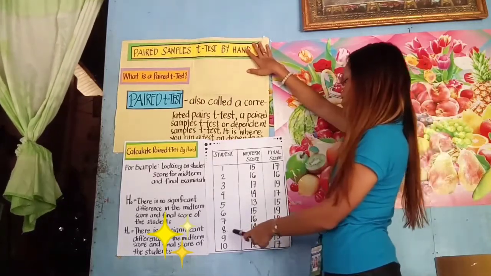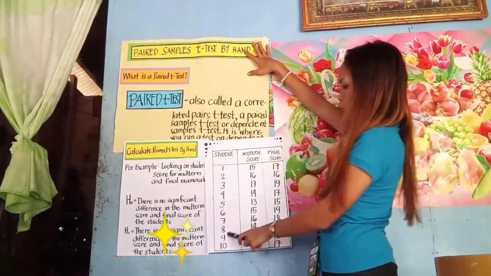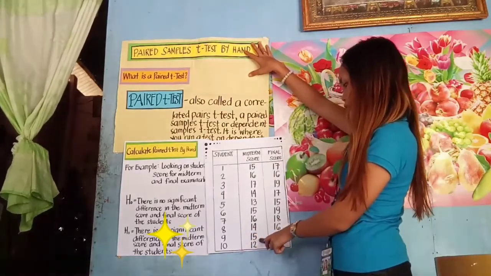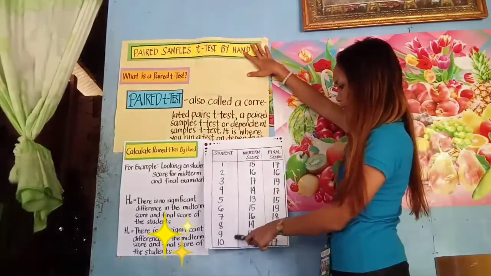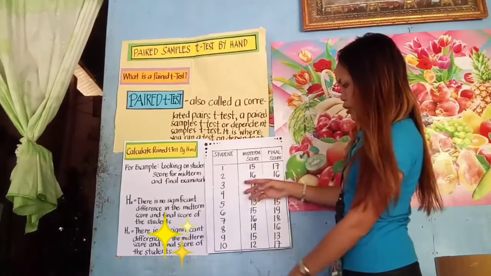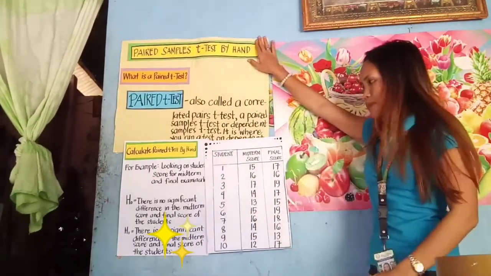Student 8, the midterm score is 14 and the final score is 16. Student 9, the midterm score is 15, the final score is 13. And last, student 10, the midterm score is 12 and the final score is 17.